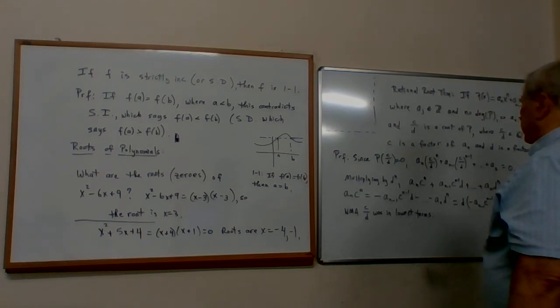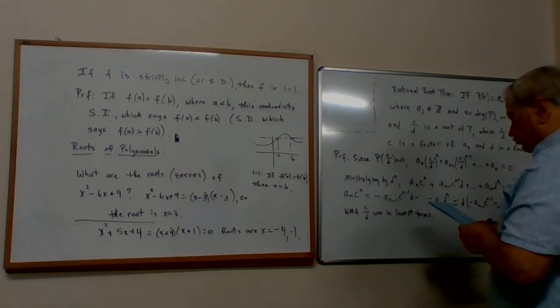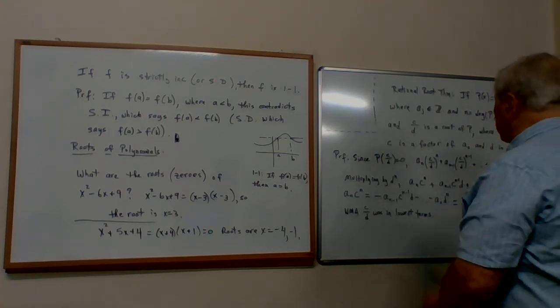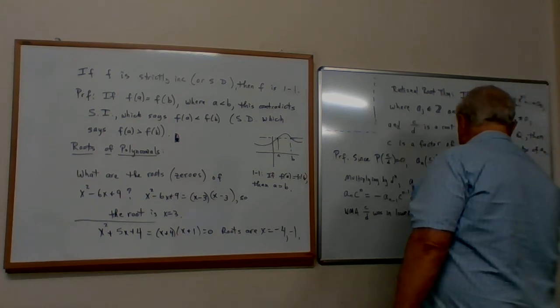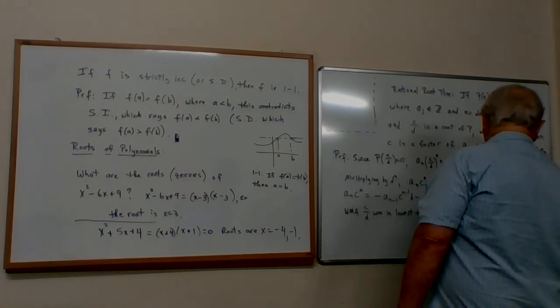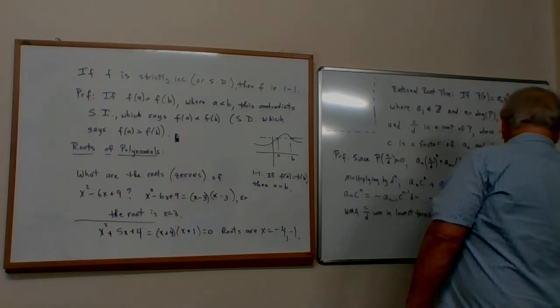Since C over D is in lowest terms, D can't be a factor of C to the n.